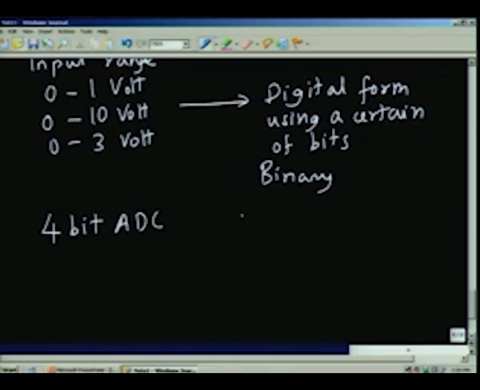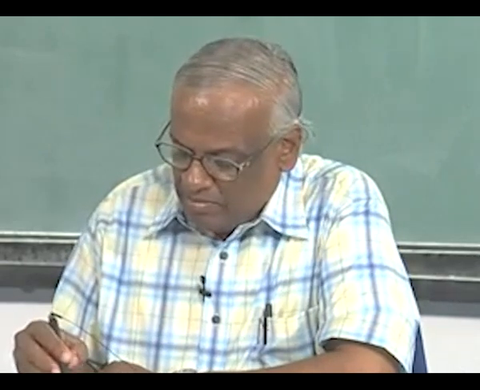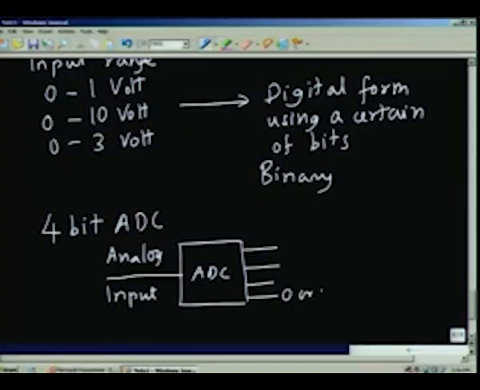So, you have the input coming here in the form of analog, and here is your A to D converter, and you get four of these out. Each one of these can be either 0 or 1.